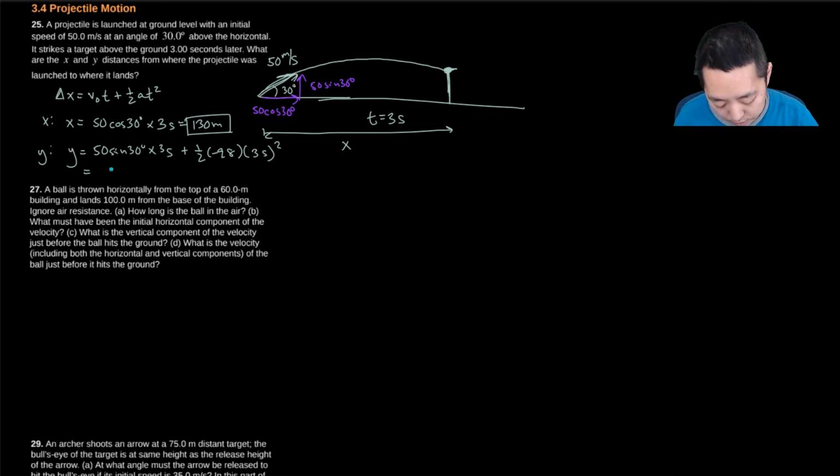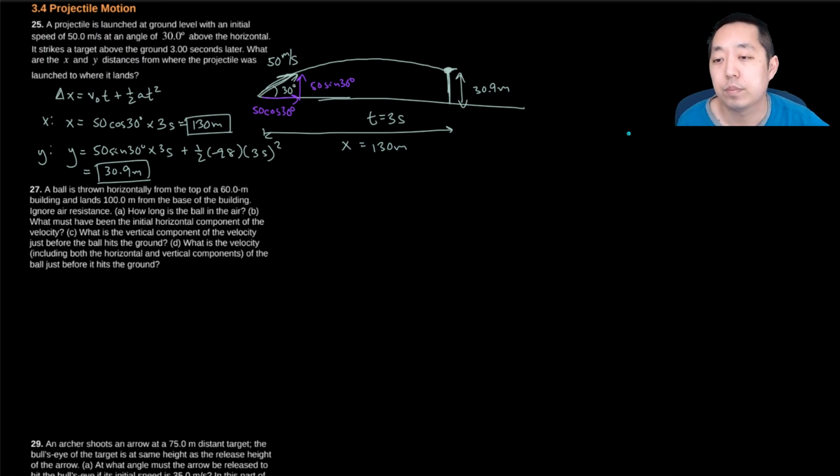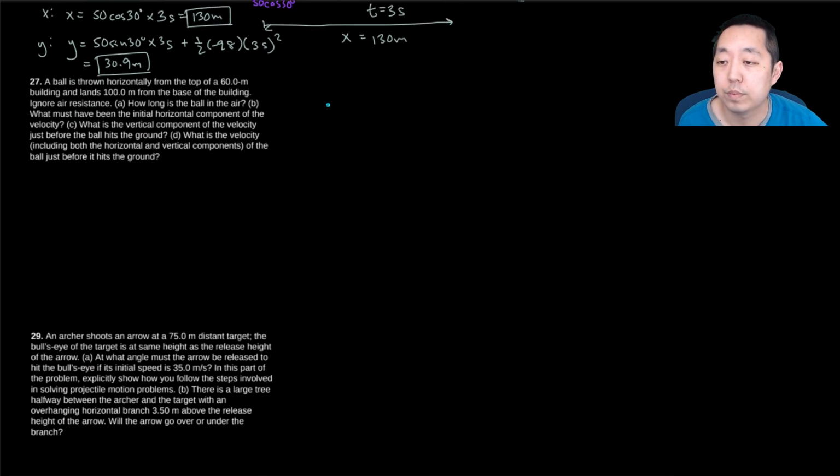That's 50 times 0.5 times 3 minus 0.5 times 9.8 times 3 squared, which gives 30.9 meters. So this target was 30.9 meters above the ground and 130 meters horizontally. That's what we found.